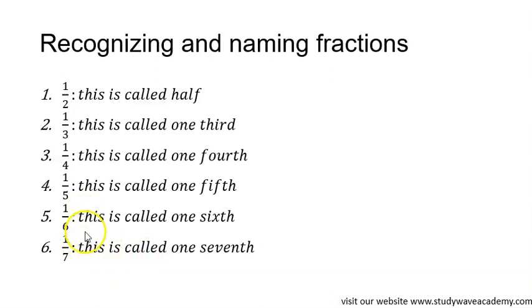Okay? This is called half. This is called 1/3. This is called 1/4. This is called 1/5. This is called 1/6. And this is called 1/7. Do you understand? These are their names.